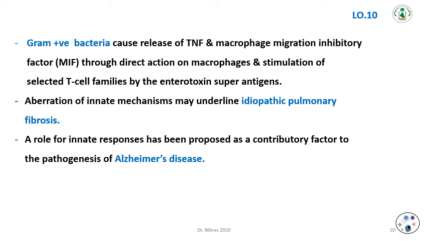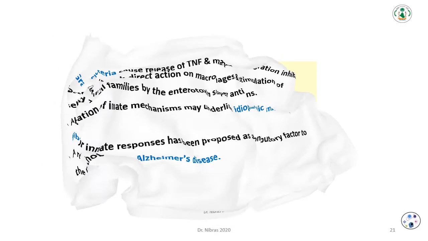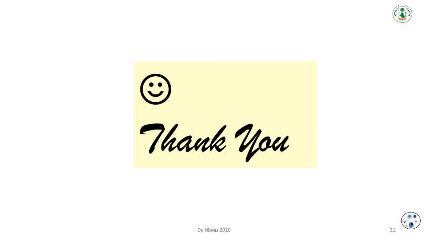Operation of innate mechanisms may underlie idiopathic pulmonary fibrosis. A role of innate responses has been proposed as a contributory factor to the pathogenesis of Alzheimer's disease. Thank you very much.